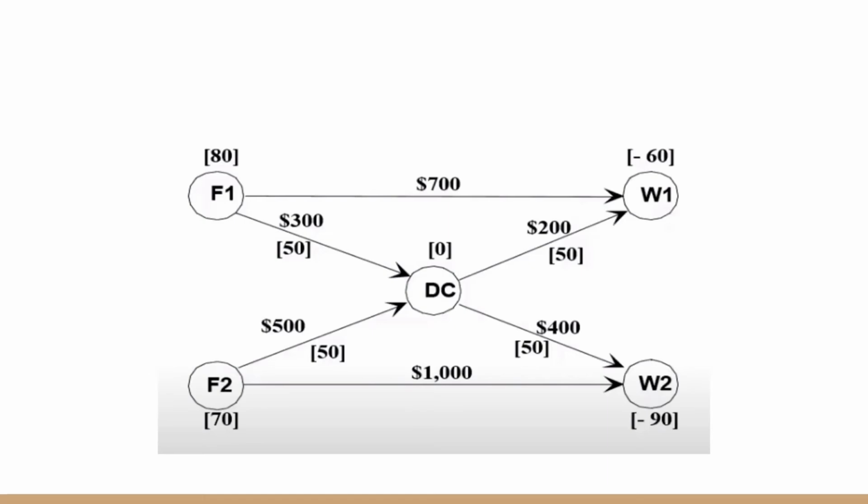As for the square brackets around the distribution center, it has a value of 0. This is typically what we call a transshipment node, where the product is neither created at the distribution center nor consumed at the distribution center.